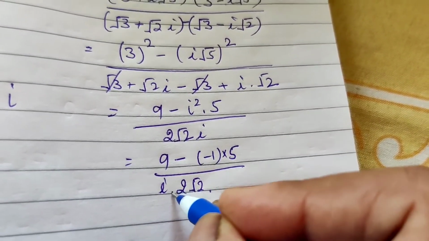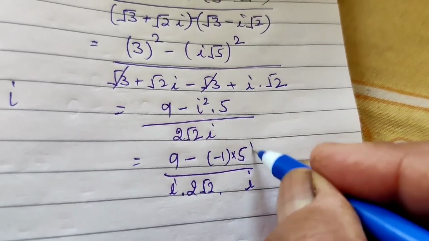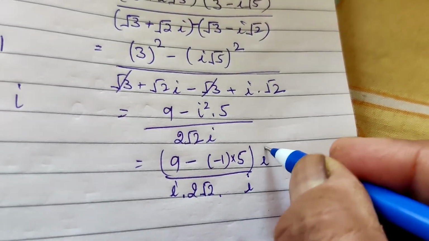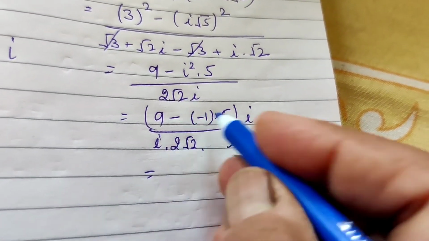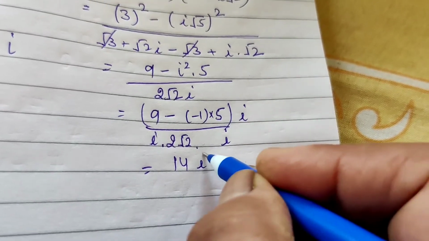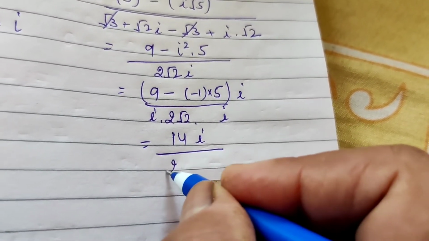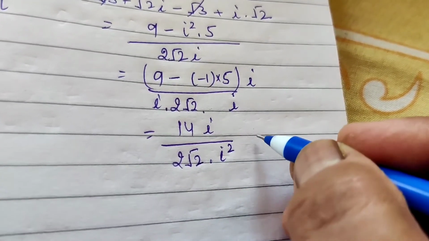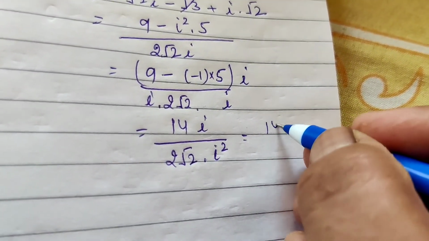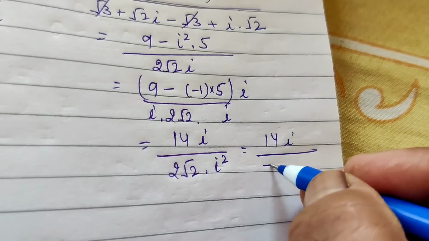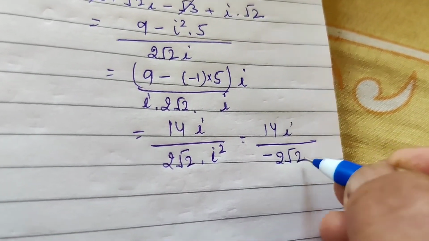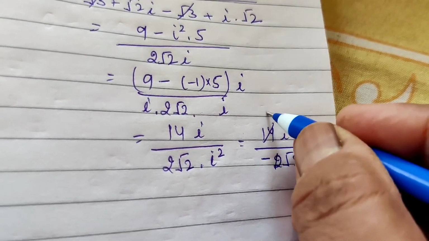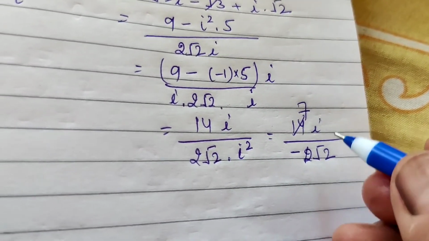Now multiply i in numerator and denominator both. So 9 plus 5, 14i, and in the denominator 2 root 2 i square, which is equal to minus 2 root 2. 2 cancels, 7, and again rationalize by root 2.